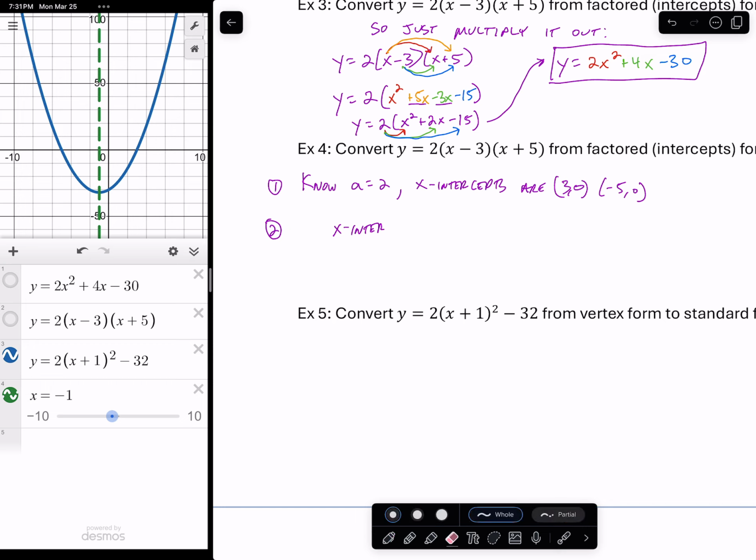We're going to average the x-intercepts to find the x value of the vertex.